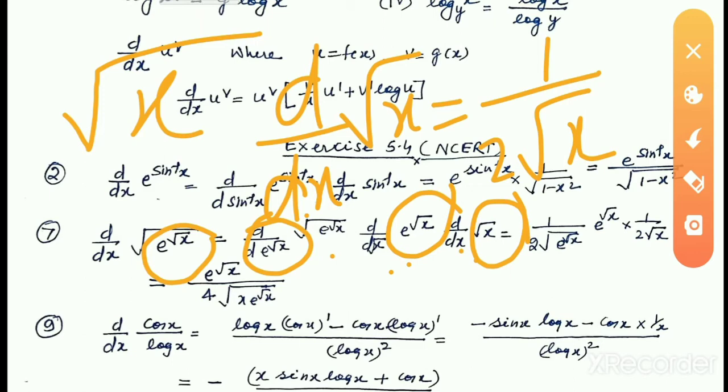So its derivative will be 1 upon 2 under root e raised to the power under root x into e raised to the power under root x, and the derivative of under root x will be 1 upon 2 root x. So finally we got e raised to the power under root x divided by 4 under root x e raised to the power under root x. We can further simplify it as per our required answer, but it is sufficient to stop here.